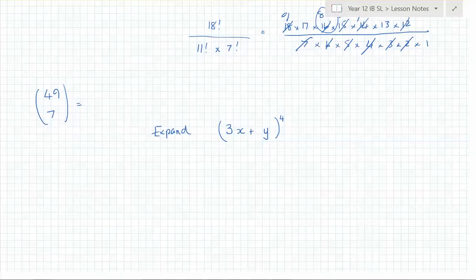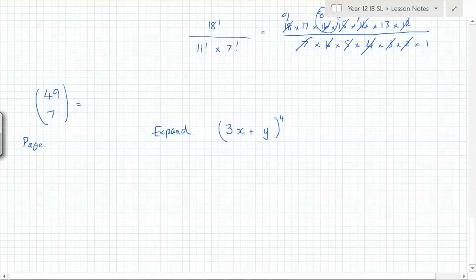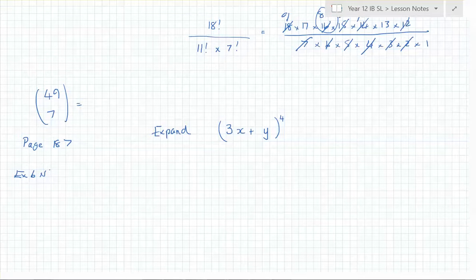Right, so just to prepare you, if you turn to page 187, so this will all be on the video, page 187, we're looking at exercise 6N. You can have a go at doing exercise 6N. So I'm going to go through one now, similar sort of thing. You're going to follow this through with me and it should give you enough information.